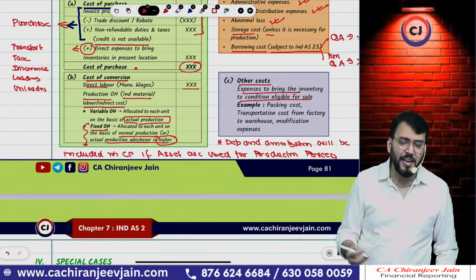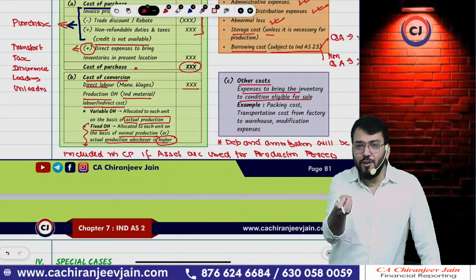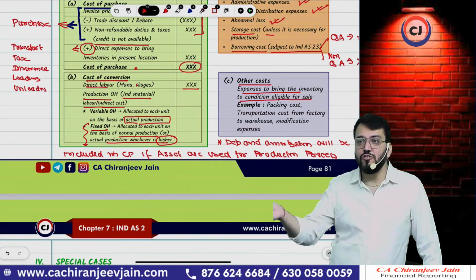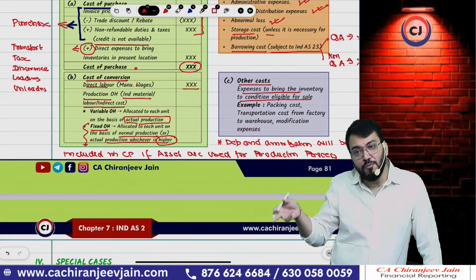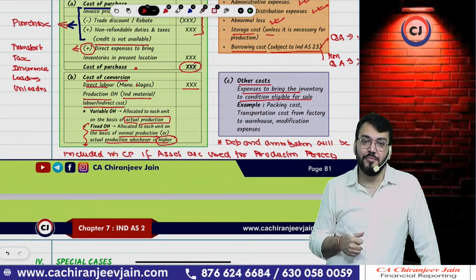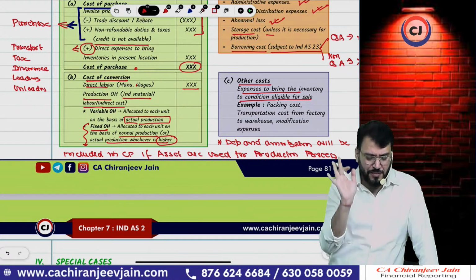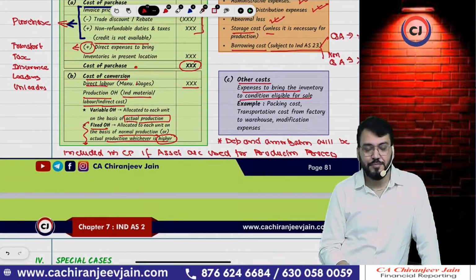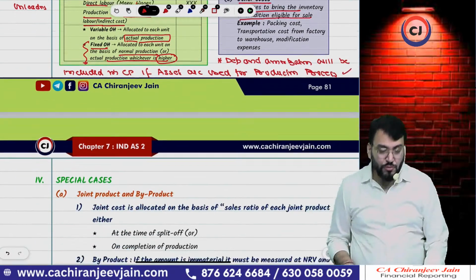For example, right now I am also using software for producing recorded classes. Without software I can't record. The amortization of that intangible asset will be included in the cost price of my inventory. This is a simple example I have given. Correct? Yes, sir. Got this point. Any question you have?